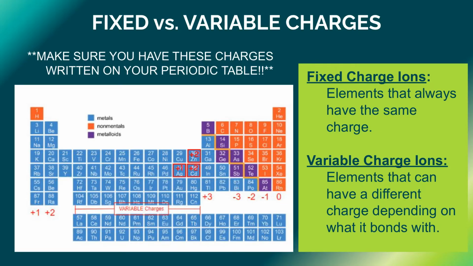The transition metals, right in here, have variable charges for some of them. So fixed charge elements always have the same charge, and variable charge ions are elements that have a different charge depending on what they bond with.